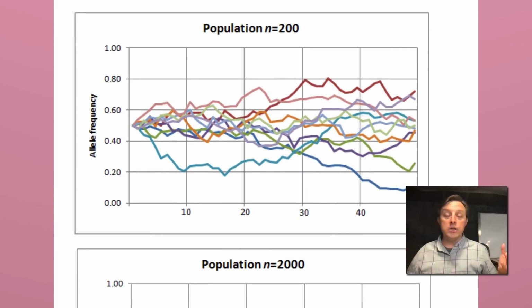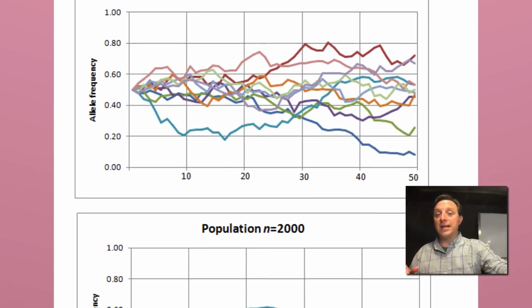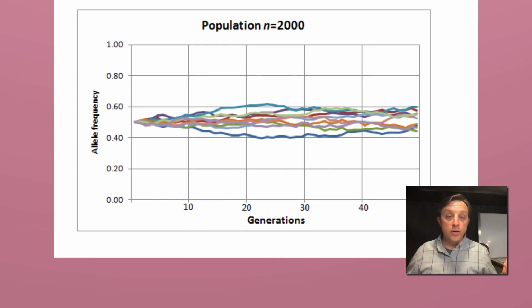Increasing that population up to 200 individuals, the allele frequencies do not drift quite as much. And increasing it again up to 200 individuals, we see that over these 50 generations, the allele frequencies stay fairly constant. There is a little bit of change, but overall the diversity is nowhere near as great as we saw with the smaller populations.